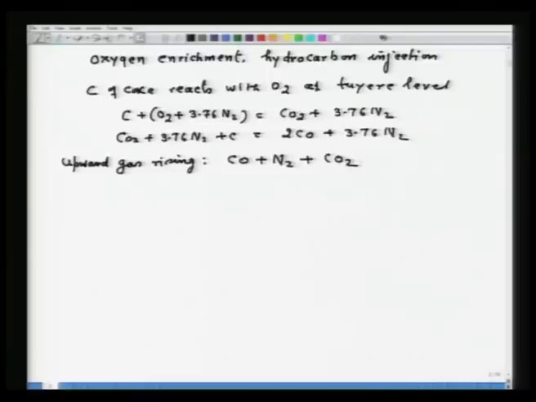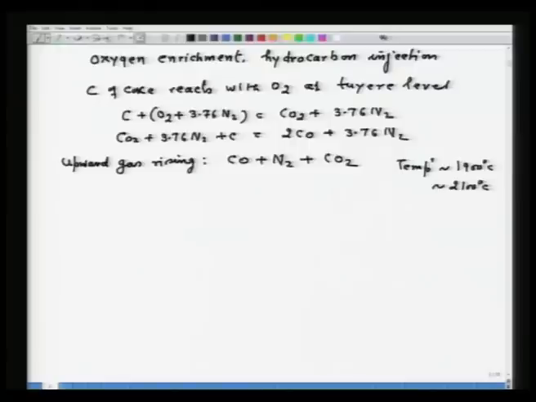Now, as a result of reaction of carbon of coke with oxygen at the tuyere level, a temperature of approximately 1900 degrees Celsius to 2100 degrees Celsius is created.